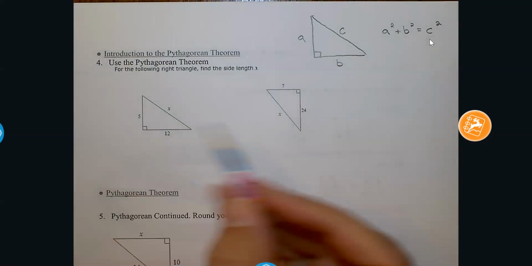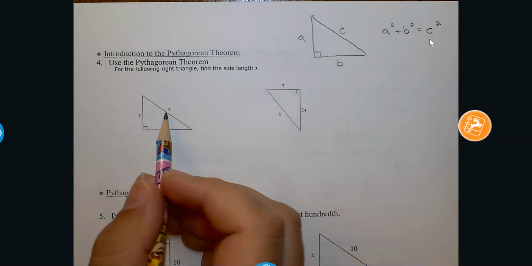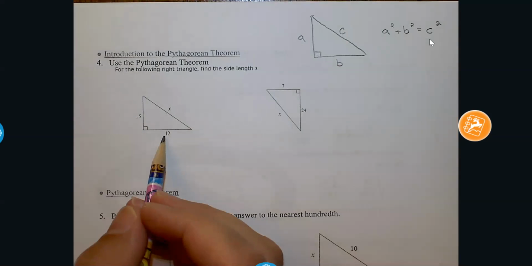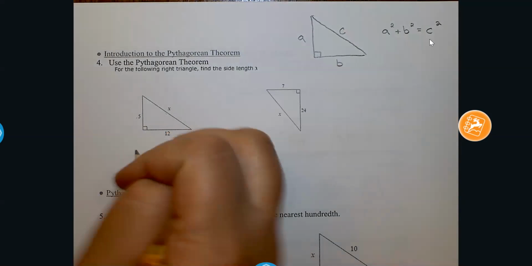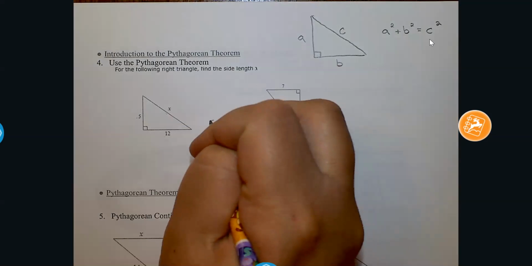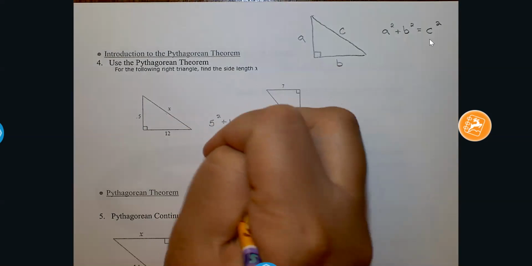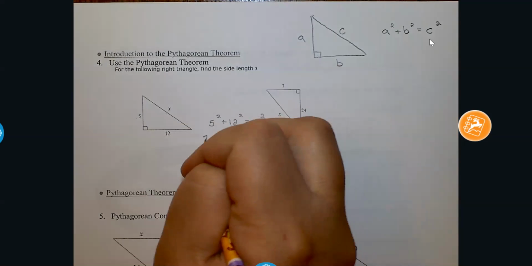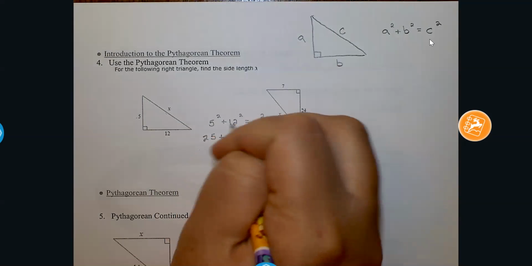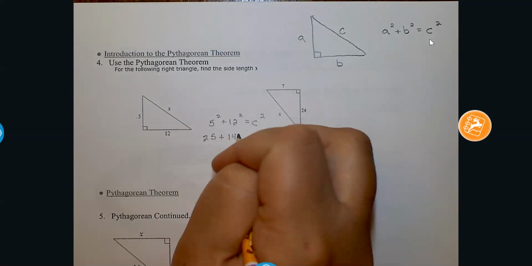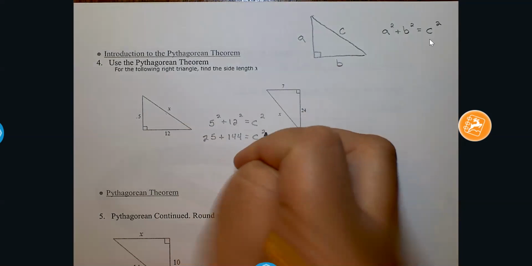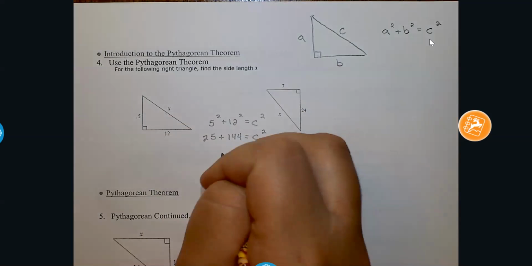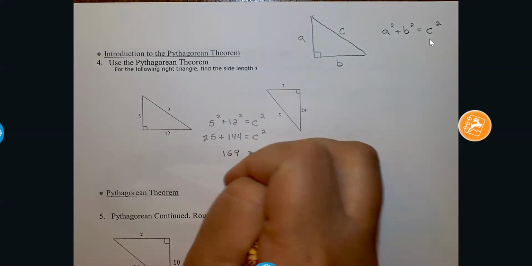Right. In these two problems, we are missing the hypotenuse. So we have our two legs of 5 and 12. So we are going to say that 5 squared plus 12 squared equals c squared. And 5 squared is 25. 12 squared is 144. 25 plus 144 is 169.